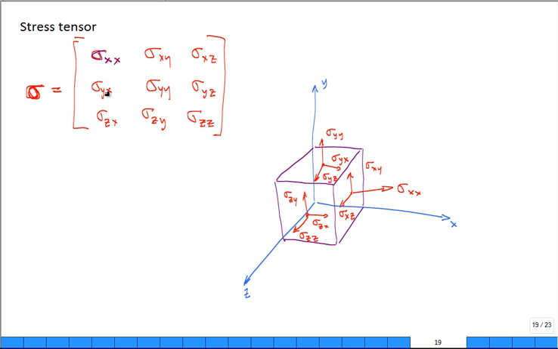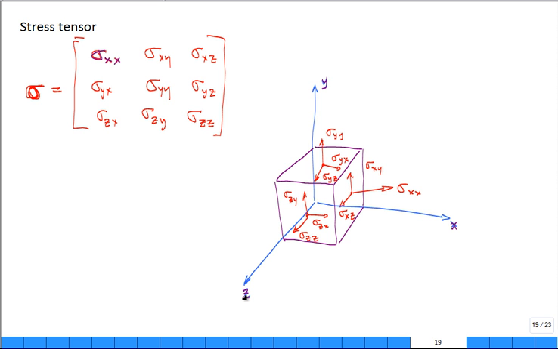And what you do is you put a little cube in an x, y, z coordinate system, and then you talk about the perpendicular stresses and shear stresses on all of the faces of that cube.